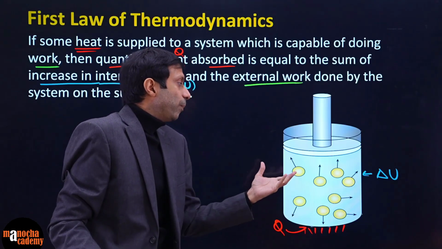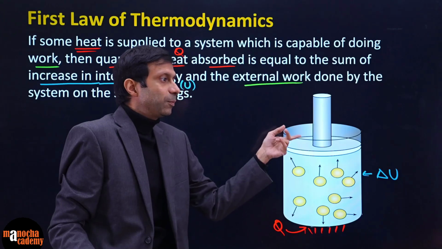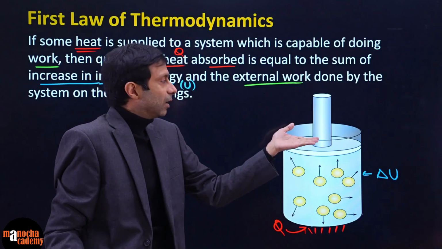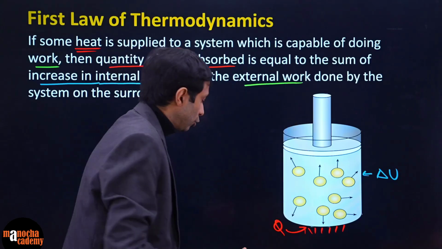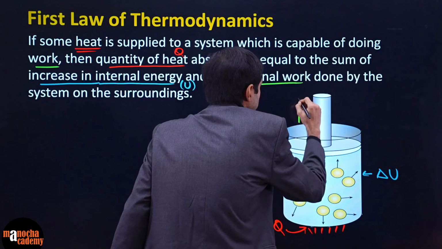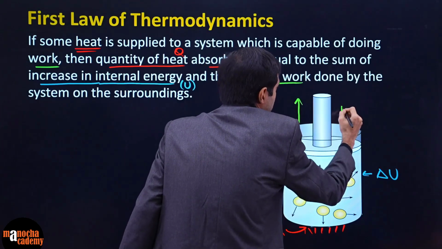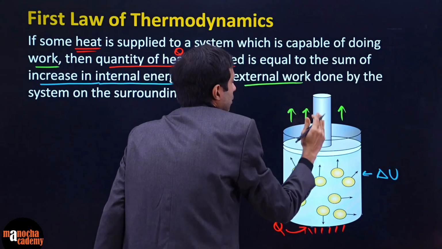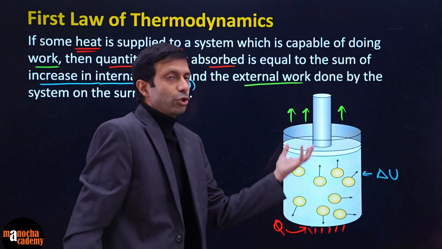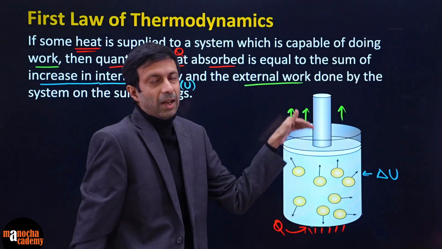Now, plus, if this piston is movable, let's say the gas expands. Then the piston will move up. You guys agree? When the gas expands, the piston moves up, and the gas is applying some force on it, and it is having some displacement.